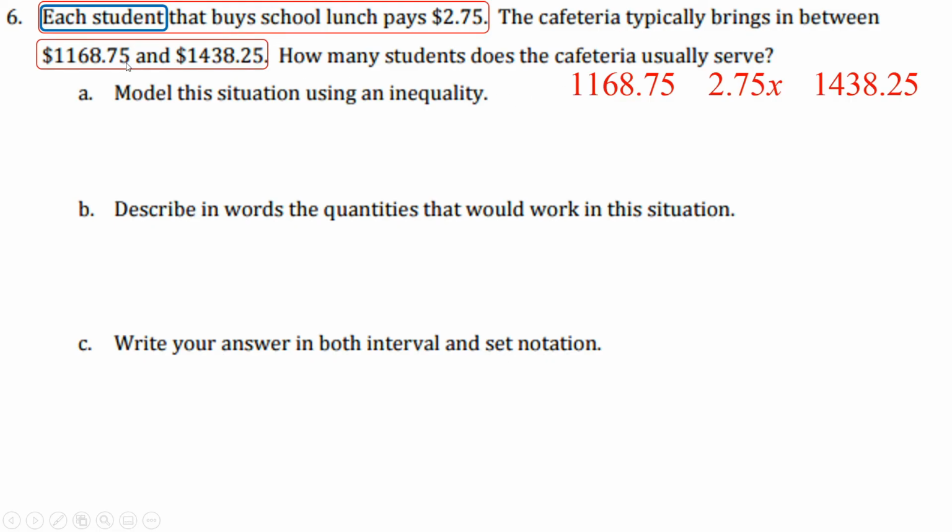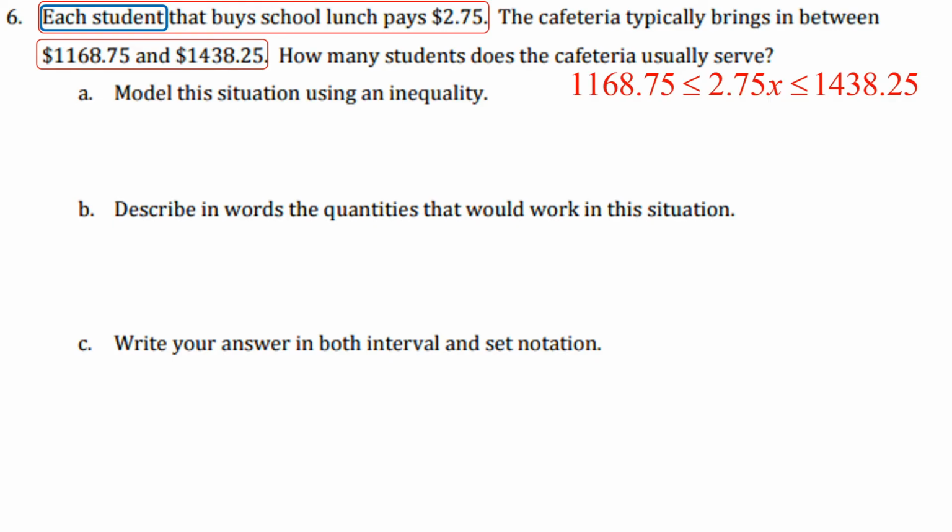Now, if you did this as an open interval or a closed interval, I probably couldn't argue with either, but I'm thinking I want to go closed here. So I'm going to say $1,168.75 is less than or equal to 2.75 times x, and that is less than or equal to $1,438.25.